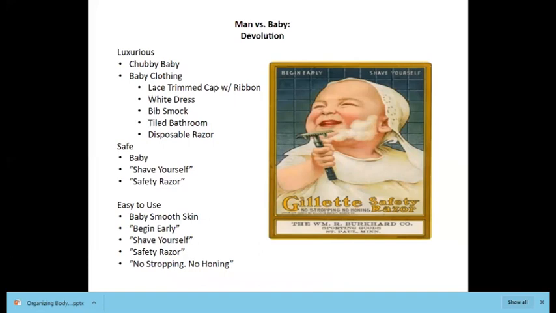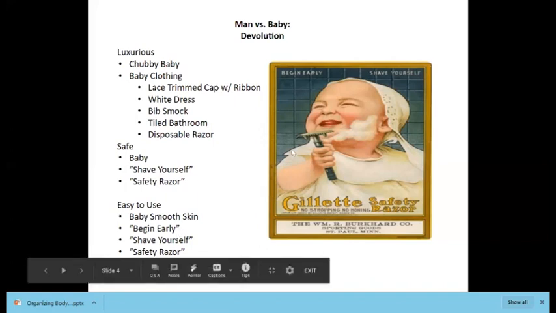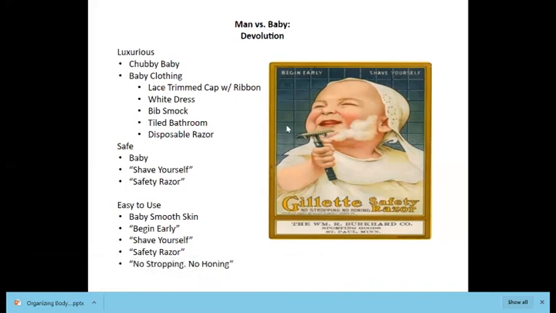And they're trying to invoke that idea in you by showing this baby shaving. The idea of beginning early, again, kind of ties in with safety and builds a bit on that: the baby is alone in this picture and unharmed and happy to be holding a razor blade near his face.